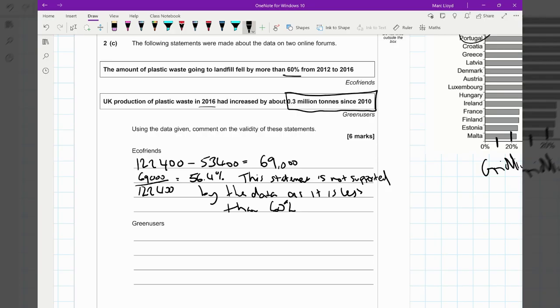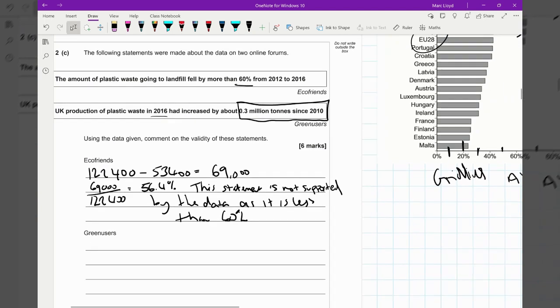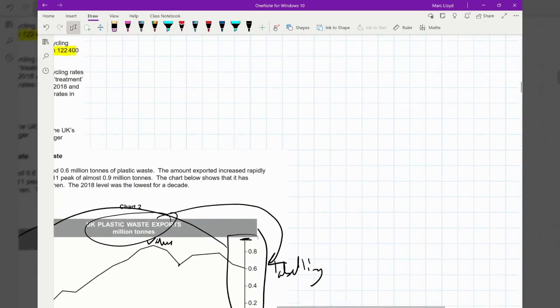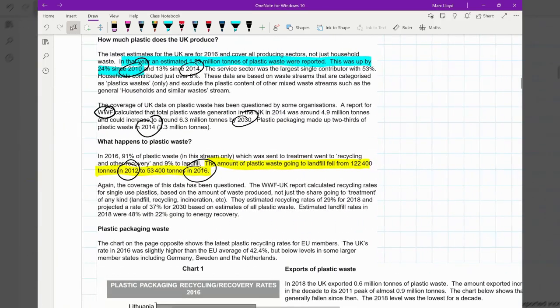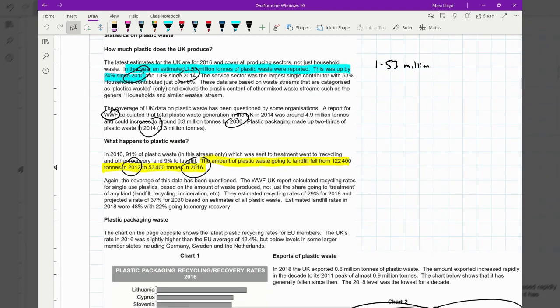Now then, looking at the other one, green users, we've got to talk about the production of the plastic waste. And I think I've highlighted that in blue. So if we just move up to here, in that year, an estimated 1.53 million tonnes. I might just do the working here now because we can see the words were reported.